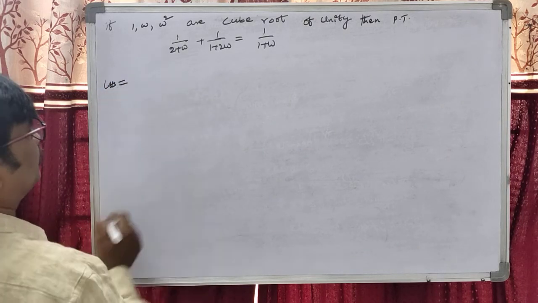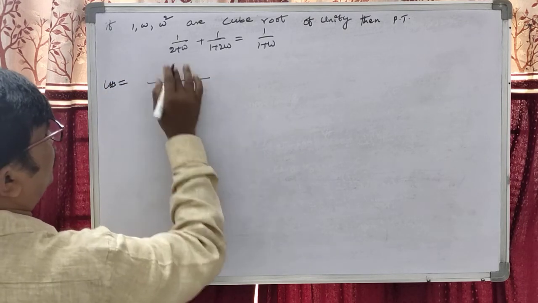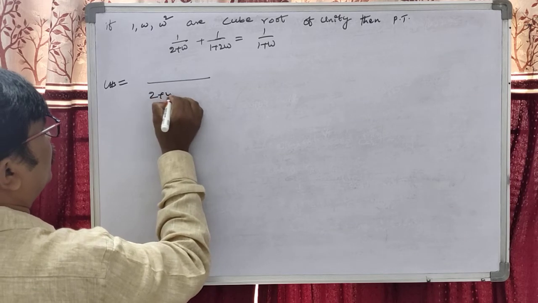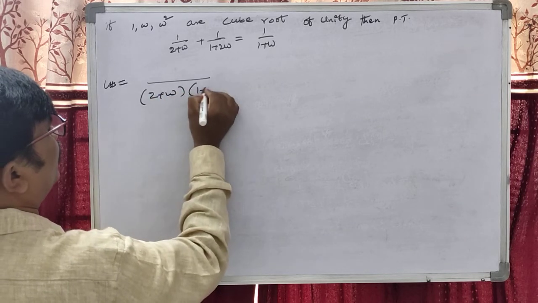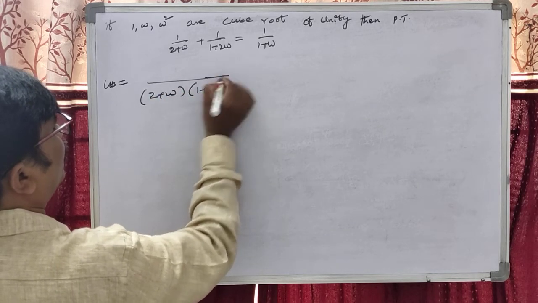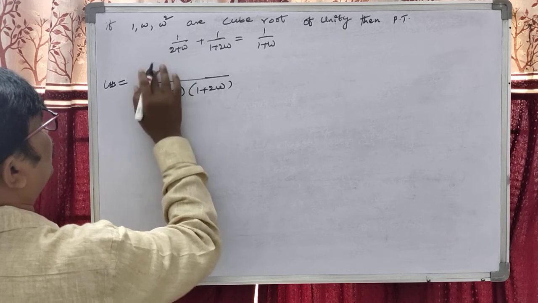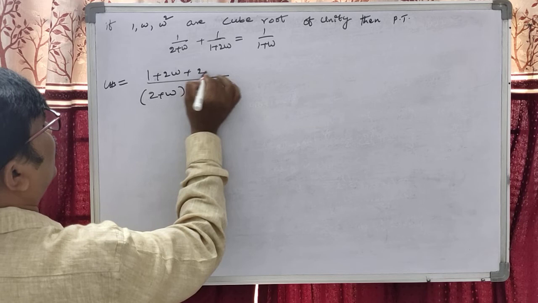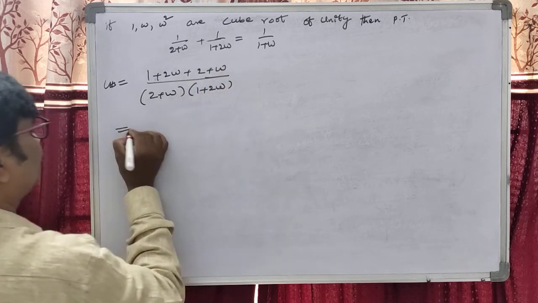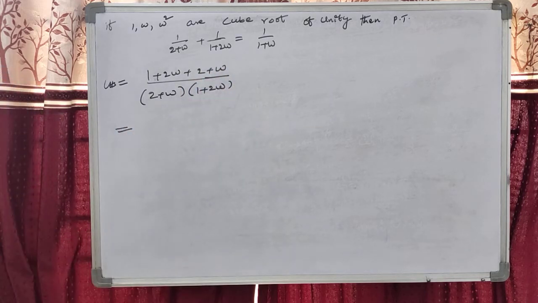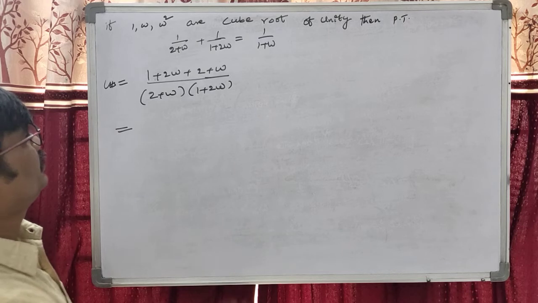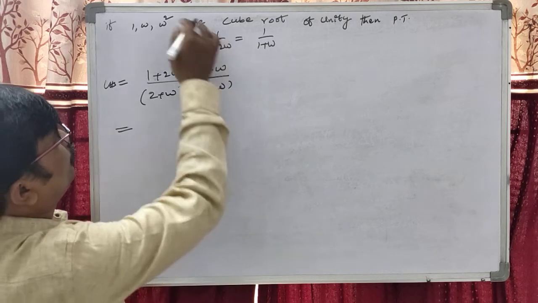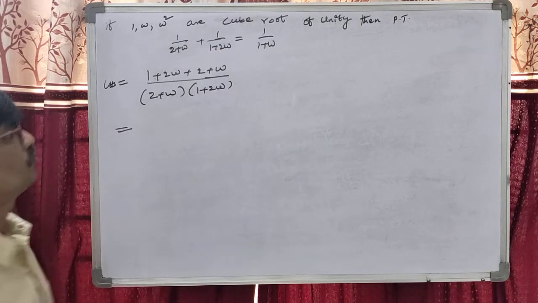We take the first LCM, which is 2 plus omega, 1 plus 2 omega. This is 1 plus 2 omega, 2 plus omega.